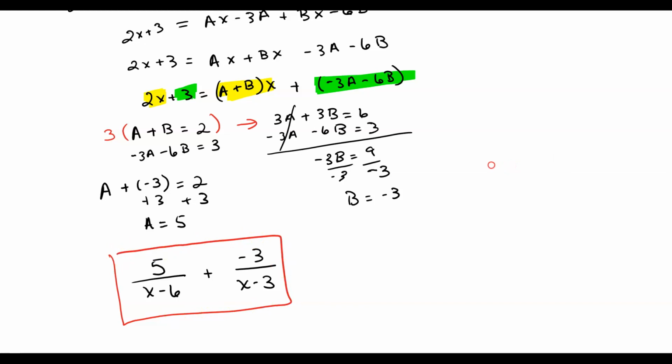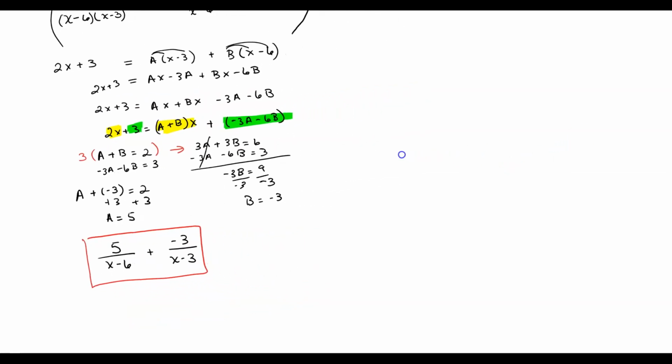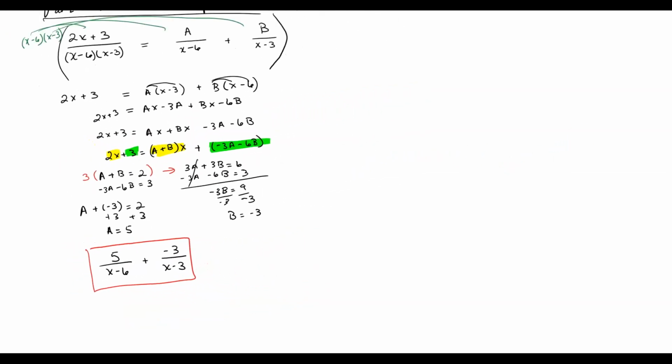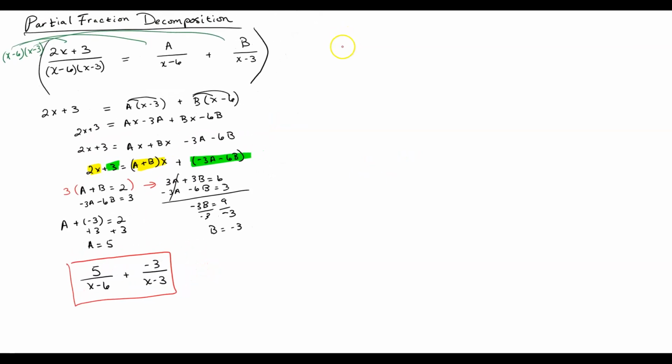I'm going to go ahead and take a look at this one other way, and this one may be easier. Let's see what we've got here. I'll write this in a different color, suppose I write it in blue. We've got 2x + 3 = A(x - 3) + B(x - 6). Our job here is to substitute in a value for x. In the first case, I'm going to pick x = 3 because it's a wise choice, and you'll see why in a second.